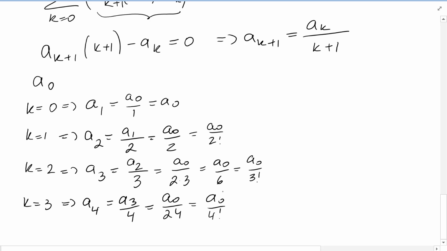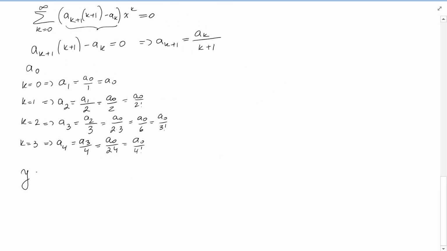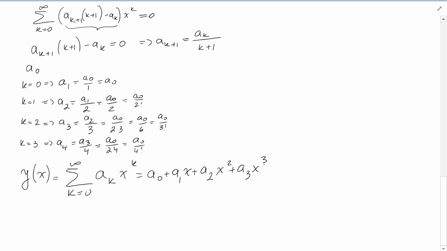So, in other words, we can say that y of x equals the sum as k goes from 0 to infinity of a sub k x to the k, so it's going to be a naught plus a1 x plus a2 x squared plus a3 x cubed plus a4 x to the 4 plus so on.